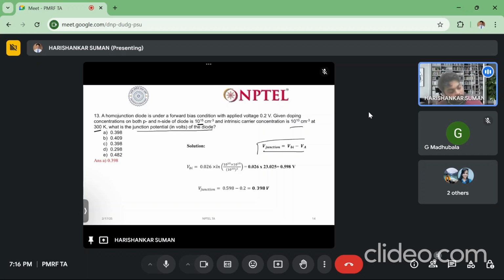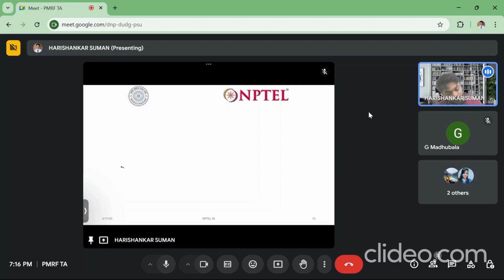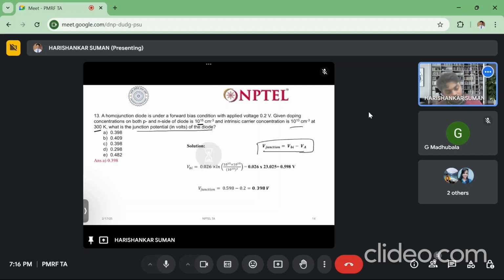We first have to find the built-in potential: KT by Q ln of acceptor times donor by Ni whole square.